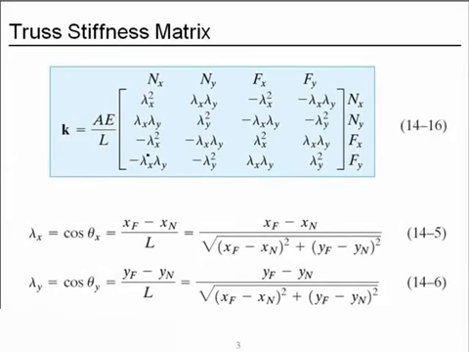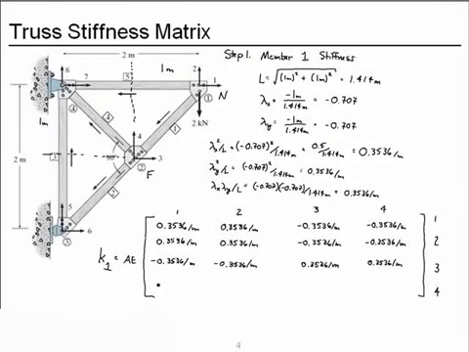Our last row for this element, minus lambda x lambda y, minus lambda y squared, positive lambda x lambda y, and positive lambda y squared. So we have a minus the lambda x lambda y, minus the lambda y squared, and of course all of these were divided by L, the positive lambda x lambda y, and the positive lambda y squared.